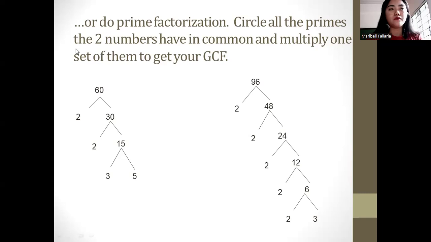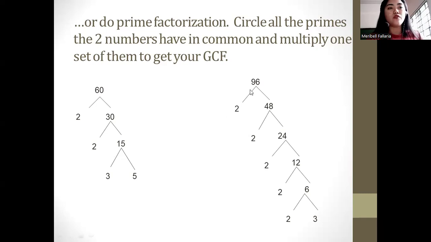So for 60, two numbers that if you multiply will equal 60 are 2 times 30. 30 is not a prime, so we factor it out. We have 2 and 15, and 15 is not a prime, so we factor it out. We have 3 and 5, and they are prime.